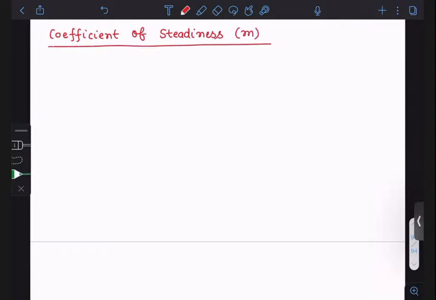Next discussion is coefficient of steadiness. It is denoted as M. It is actually the reciprocal of coefficient of fluctuation of speed.